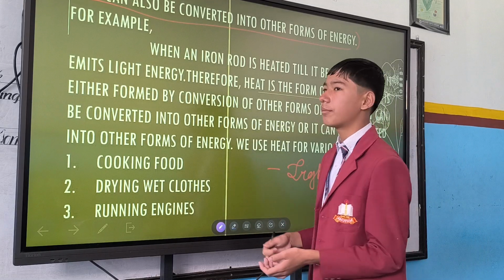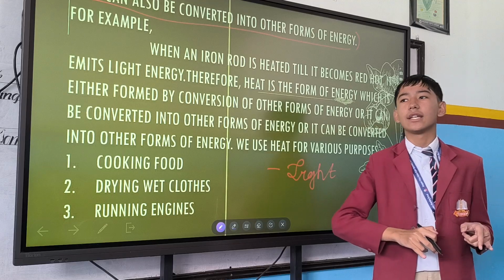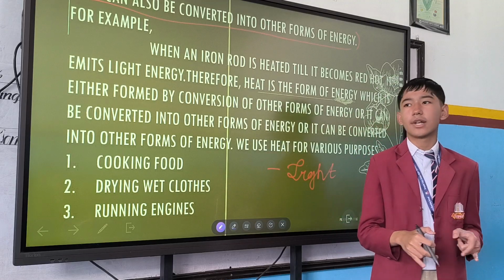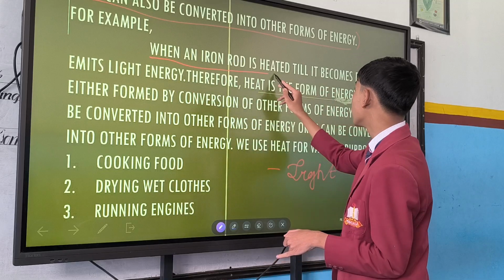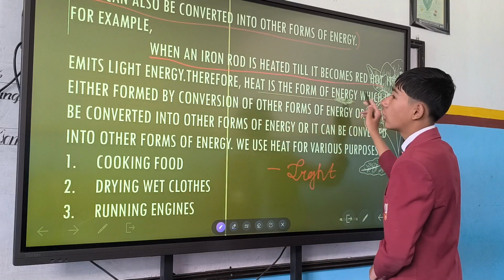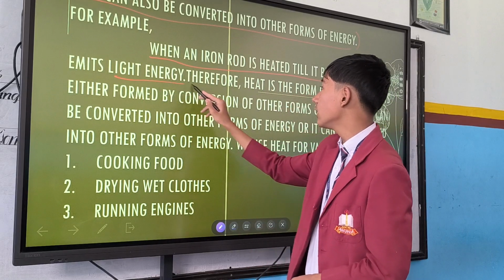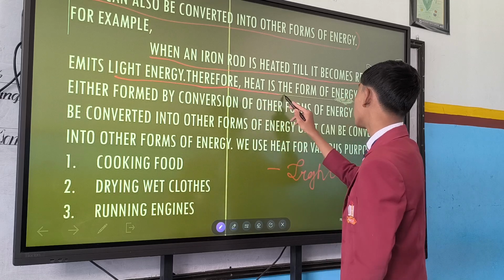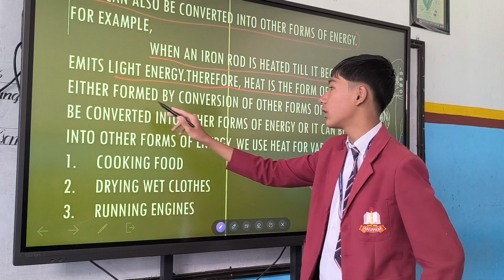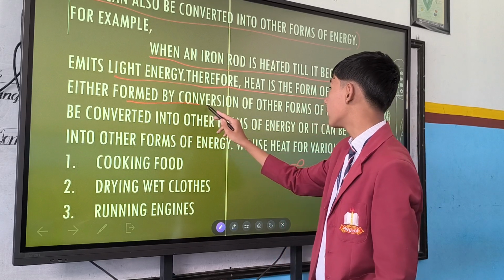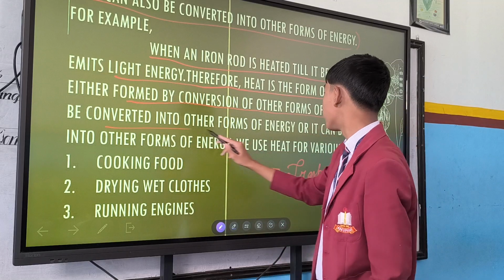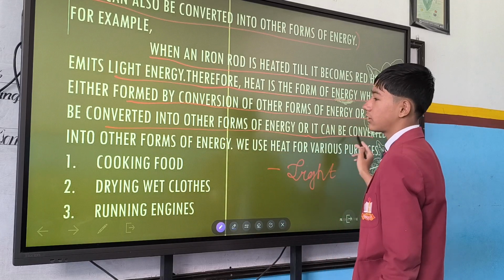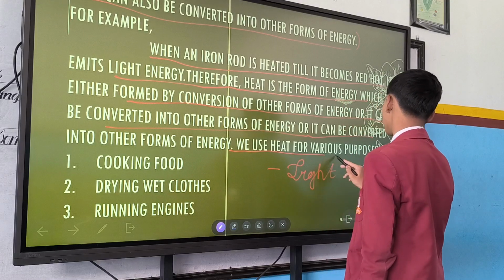The electric heater provides us with heat, and the heat also helps provide some light. For example, when an iron rod is heated until it becomes red hot, it emits light energy. Therefore, heat is a form of energy which is either formed by conversion of other forms of energy, or can be converted into other forms of energy. We use that for various purposes.